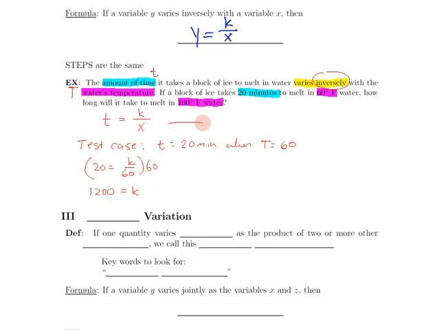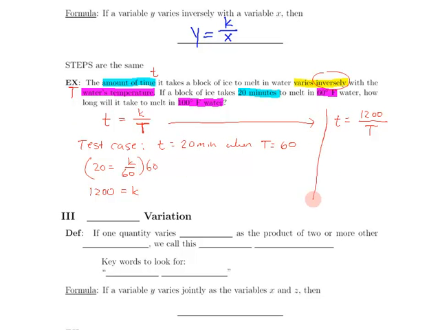So that means my equation now looks like this. t is equal to 1,200 divided by whatever my capital T is. And I don't know why I wrote an x here. Of course, I meant that this is capital T. Apologize for that mistake. Make it bold to emphasize that.